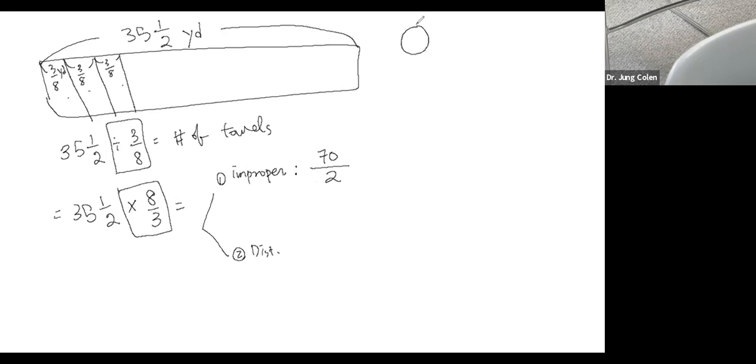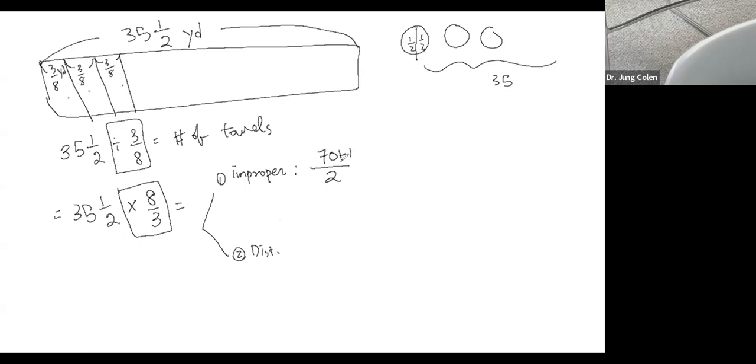If you're thinking about wholes, and let's suppose you have 35 of them, how many halves are there? In one, you have two halves, so in 35, you will have double of 35 halves. So you have 70 halves in 35, but you still have one more.